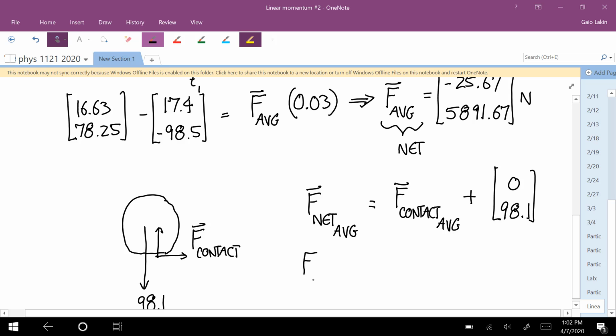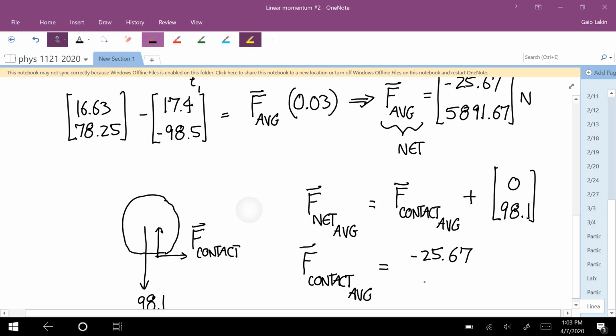And so you get that average contact force by just subtracting, and you get that the average contact force is negative 25.67.